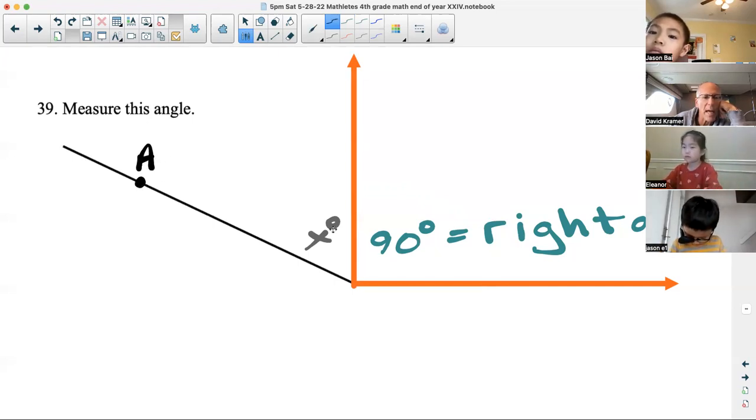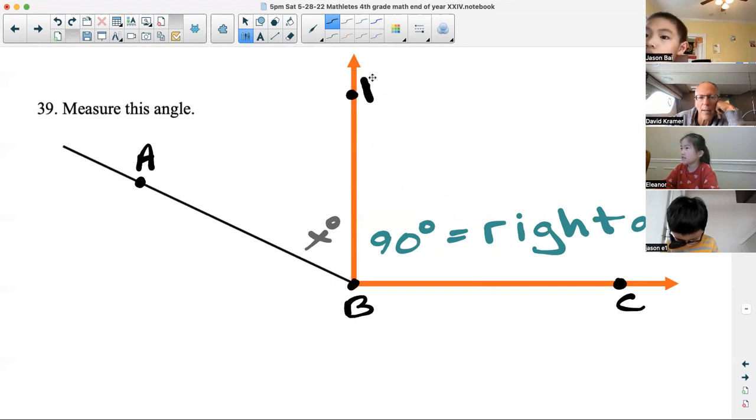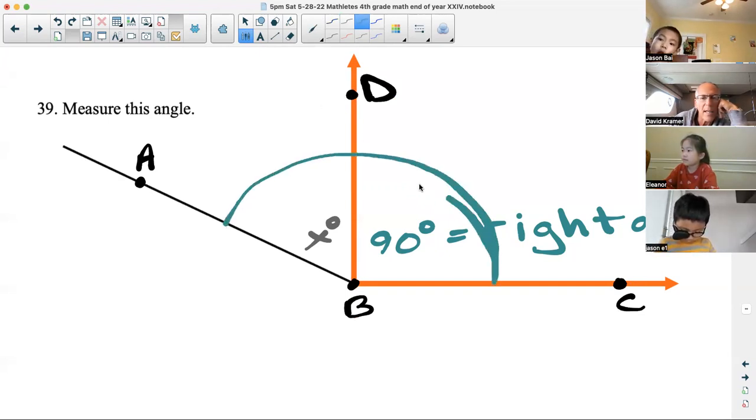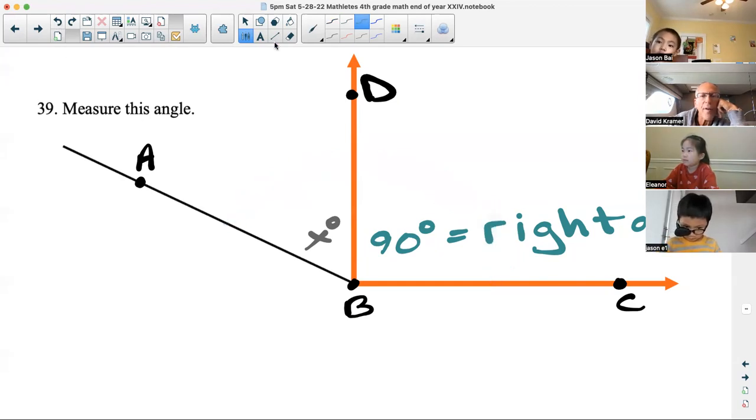We're going to call this angle A, B, C, and D. So if I say we are trying to find angle ABC, it's the whole angle right here. But if I say that we're just trying to find angle ABD, then it's this angle right here.